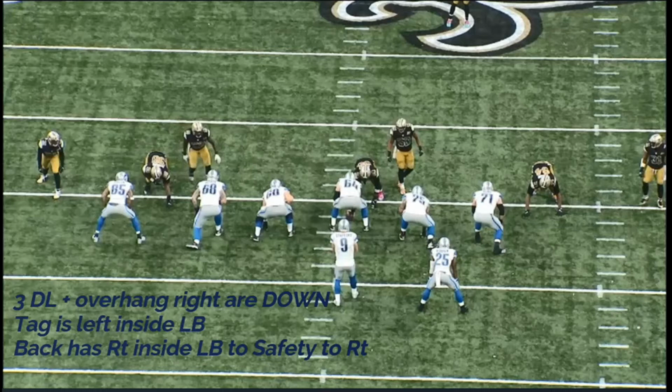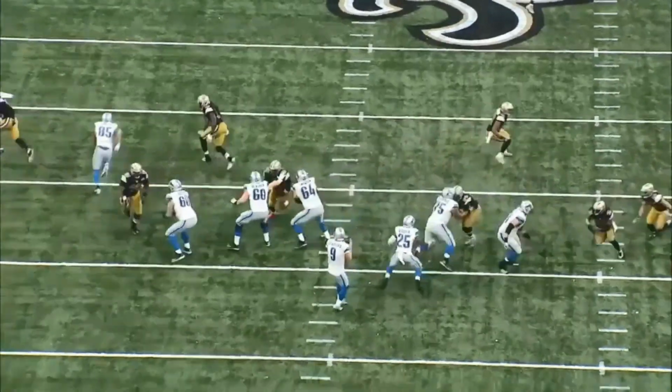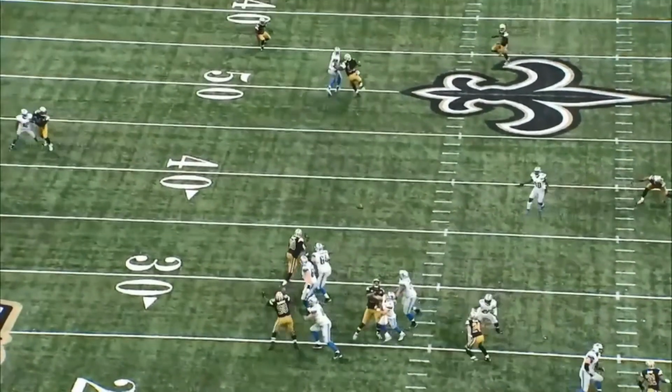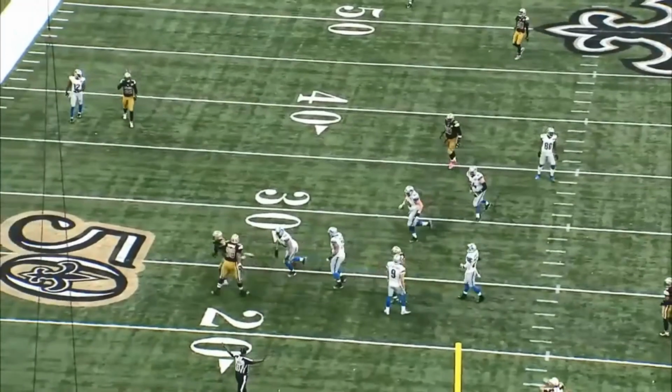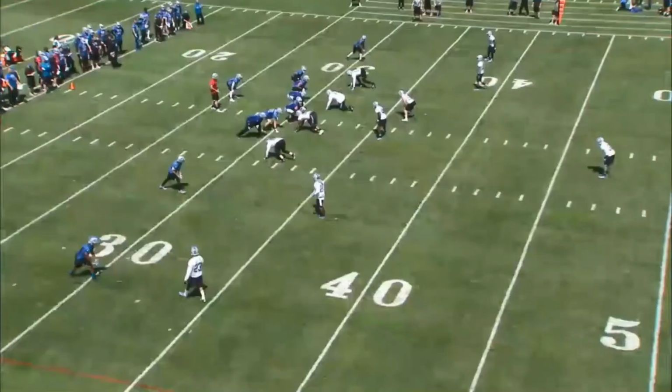So the tackle's kicking to, I believe this is 31 on the right side of the screen. The defender that comes outside of 31 is going to be the back scan. Okay, so just so you have an idea of how we identified it. And then the pickup of the near DB for the back.